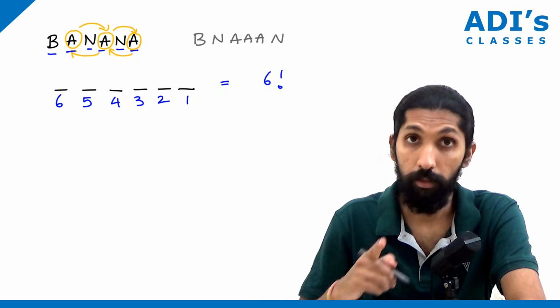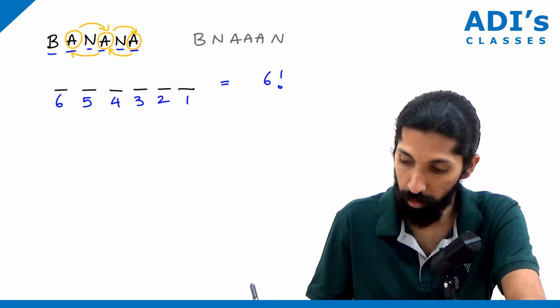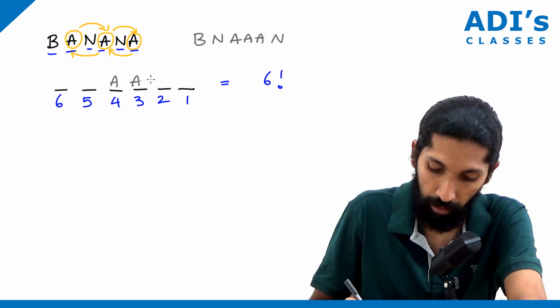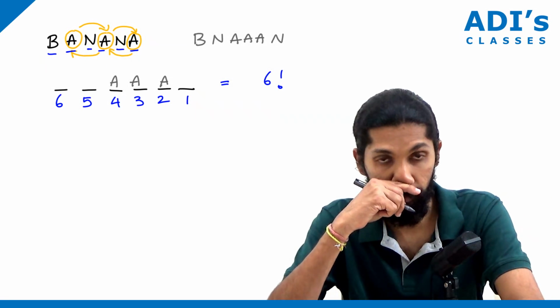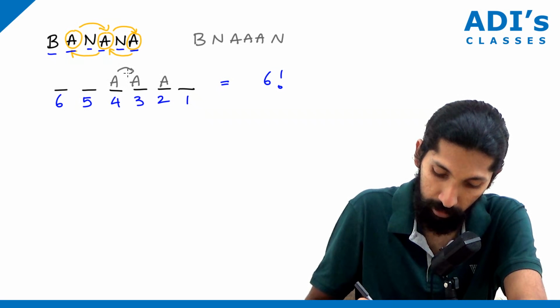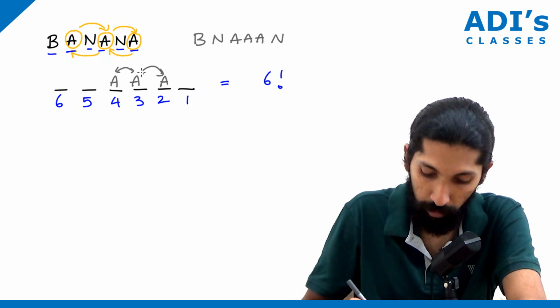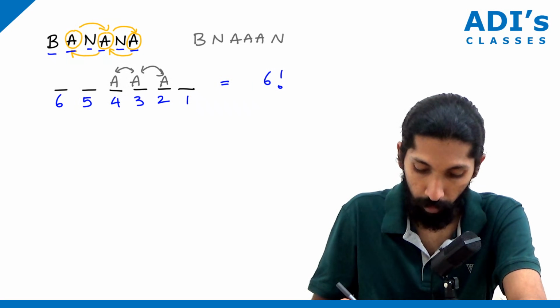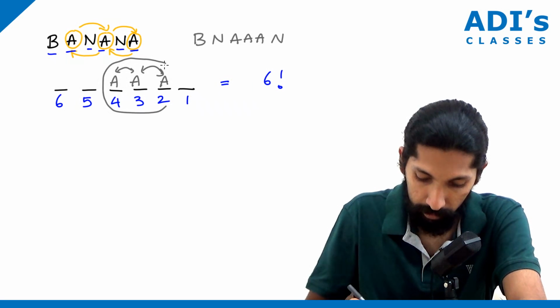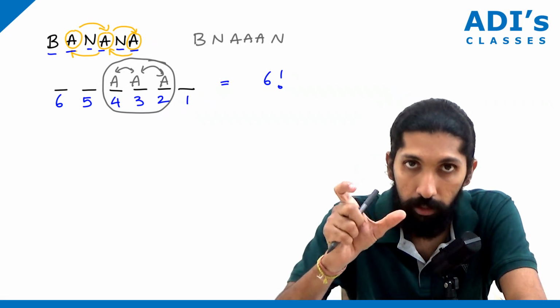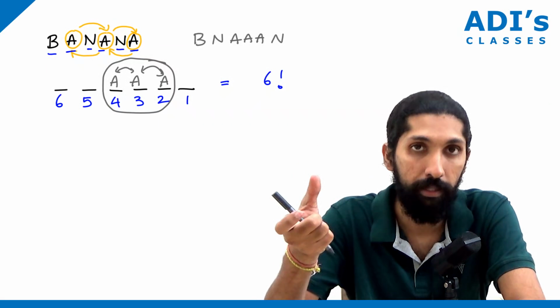But suppose you have the letters A and A. If you interchange these two, it makes no difference. If you interchange these two, again it makes no difference. There are 3 A's which can be interchanged, and for the final word it has no impact.